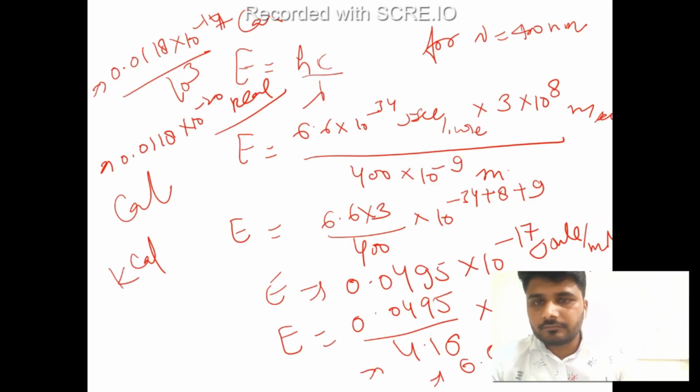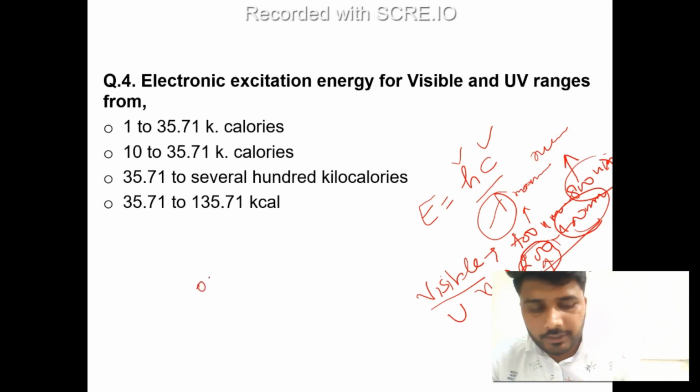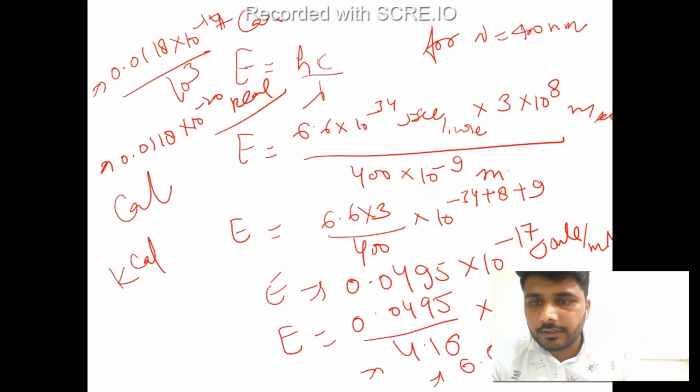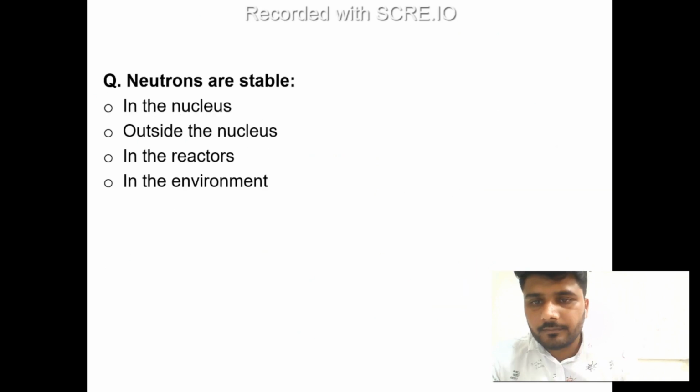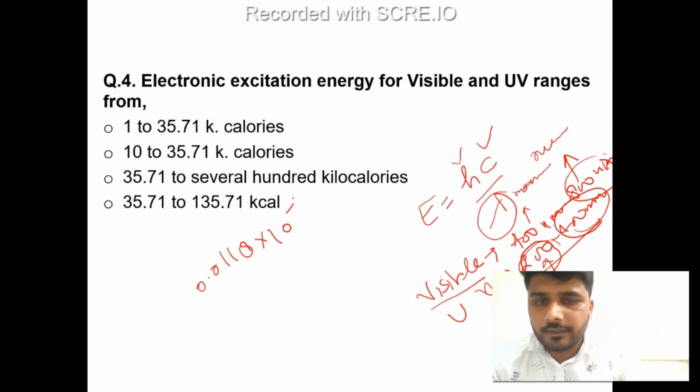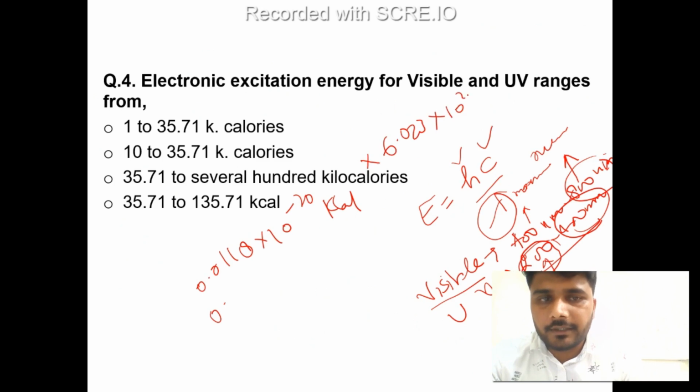So what you can do, this value you are getting as 0.118 times 10 raised to minus 20 kilocalorie. If I convert per mole to kilocalorie, I have to multiply by Avogadro number.